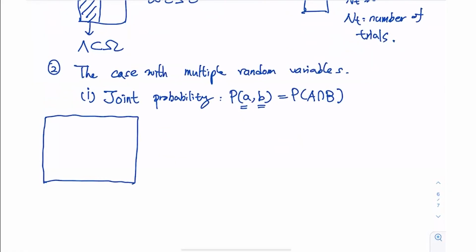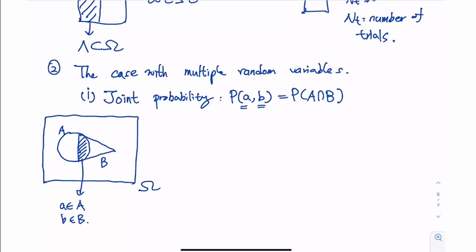Suppose here is our event space for every possible event, and this circle represents the event A, and this triangle represents the event B. Let me try to make sure that this is event B. So in the middle is basically the case that you have event A and event B. You can also label other regimes if you want to, but I'll just skip that because it should be relatively simple.